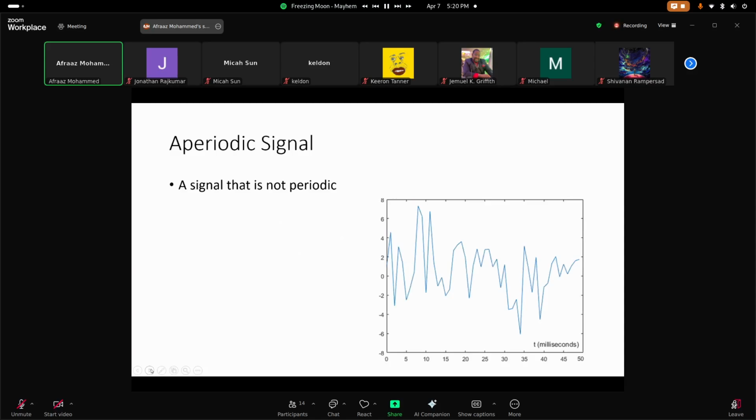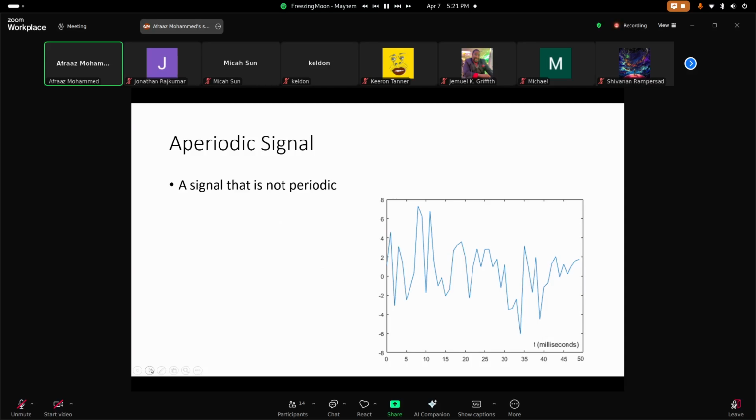Then the other side of it is we have aperiodic signals, and basically an aperiodic signal is a signal that is not periodic, so it doesn't repeat itself after a specific amount of time. We did talk about the analysis of aperiodic signals a little bit when we were doing the Fourier transform. Remember all the math when it came to dealing with the Fourier equations was based on signals being periodic.